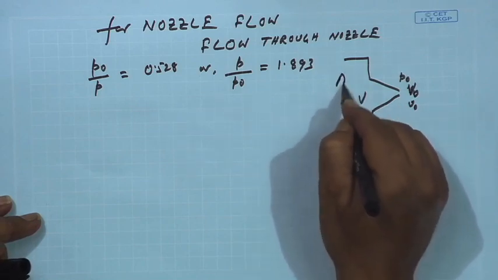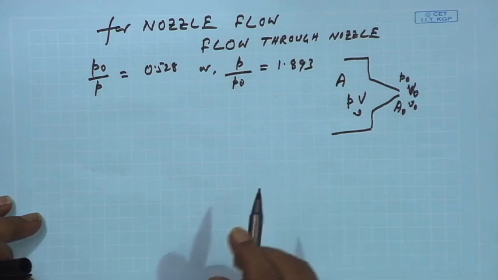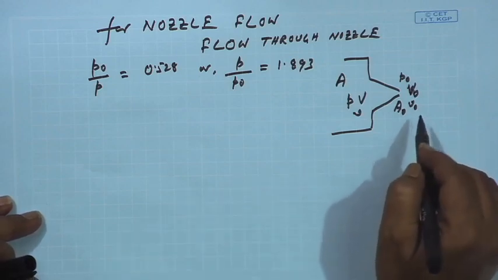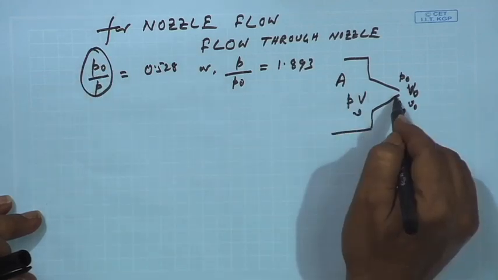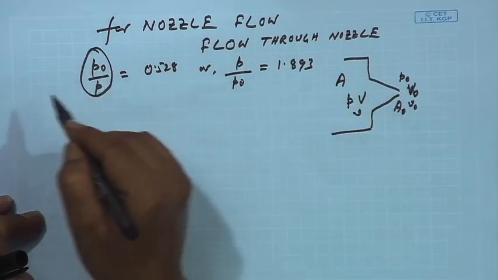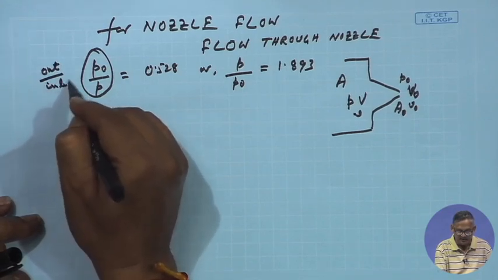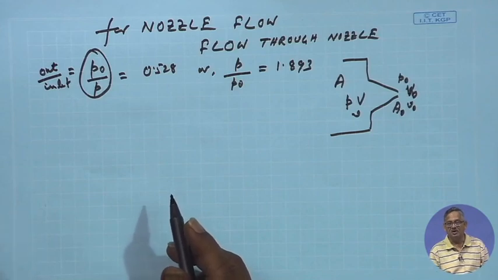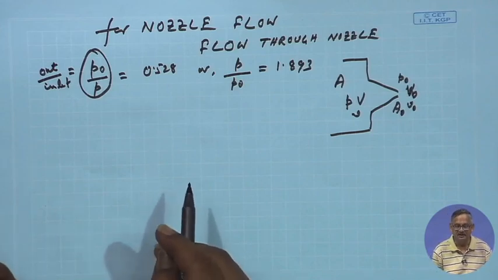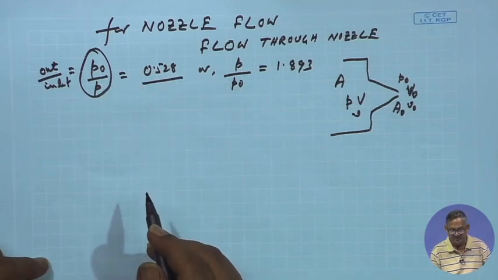And area here, if it is A, here A0. So this was the case. In that case, the pressure ratio, this is tip to the inside, or we can say outlet to inlet, that is coming to be equal to 0.528.